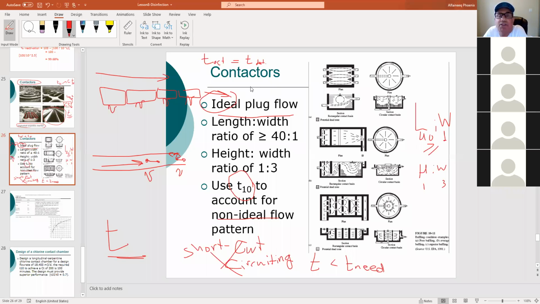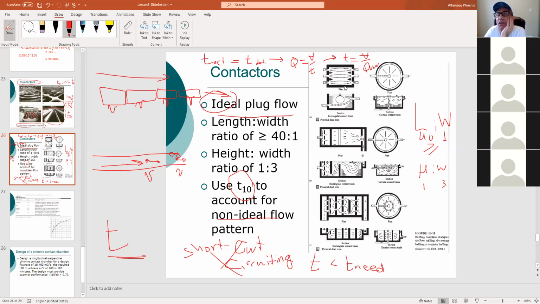Detention time is a theoretical value that we get from the very definition of Q equals V over T. Always remember that. So this is a calculated theoretical value. It is nothing but T equals V divided by Q, all right? And this is known, this is your flow rate.